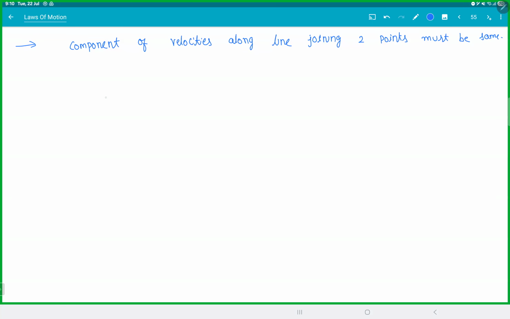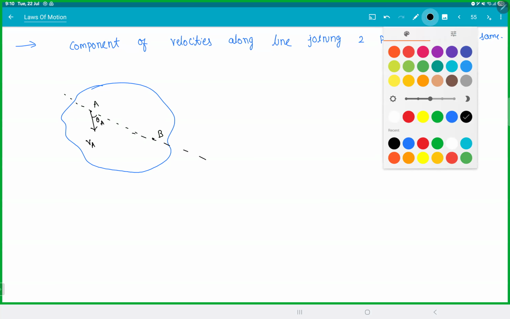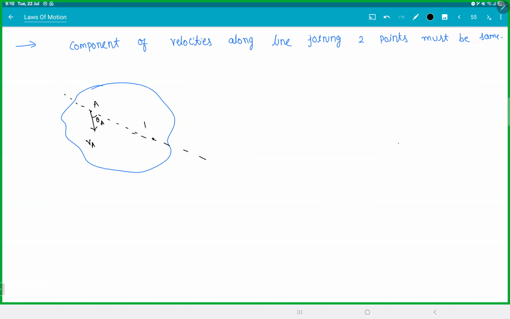That means if you take some random amoeba shape, and you choose a point A here and a point B here, and say this is going with VA, and this angle is theta A, and this is going with VB, and this angle is theta B, so it need not be a rod every time, it can be any shape.